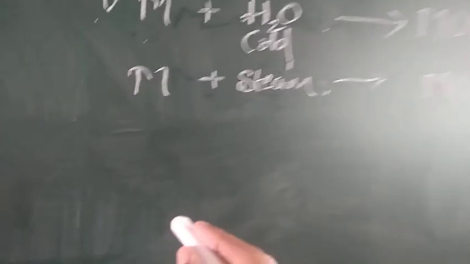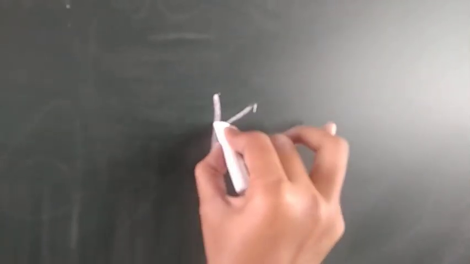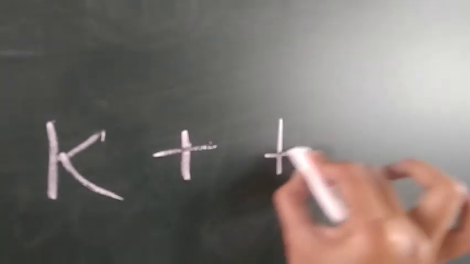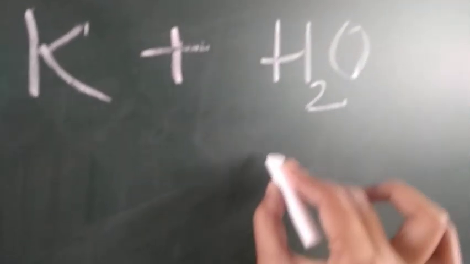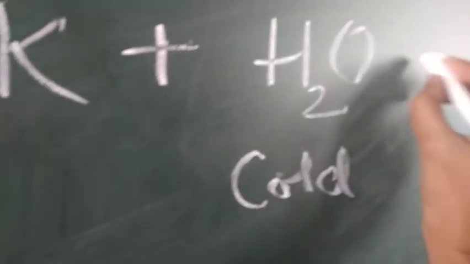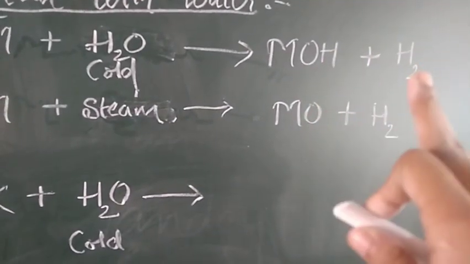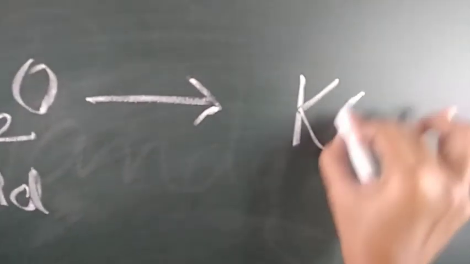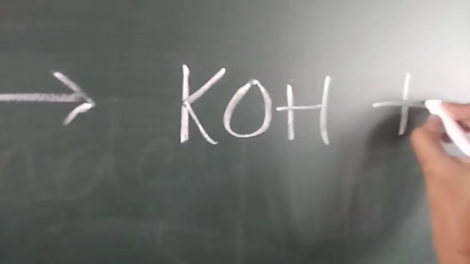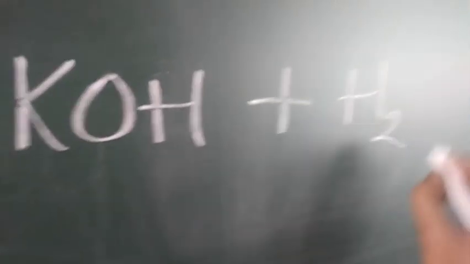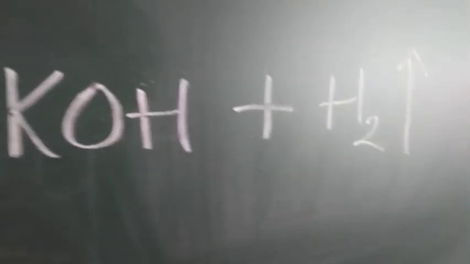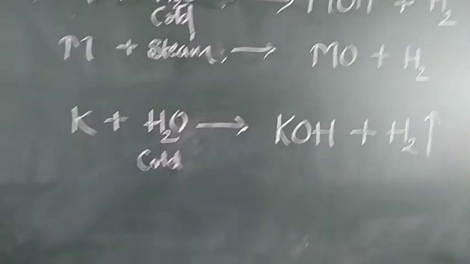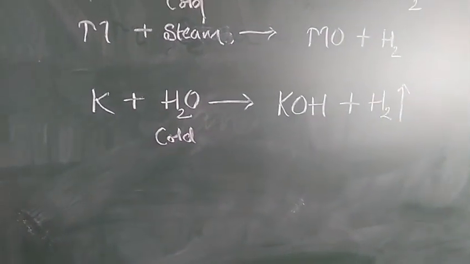So potassium, K, plus cold water, H2O, forms metal hydroxide and hydrogen gas: potassium hydroxide plus hydrogen gas, H2, the evolution of gas. Like this we can prepare hydrogen gas.